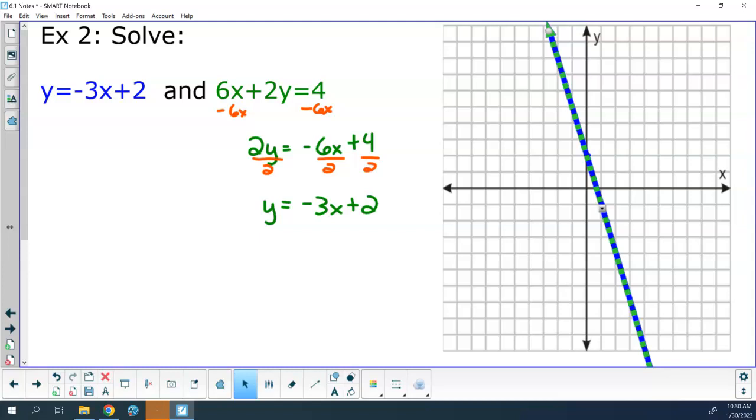They end up being the same line, which have the same y equals mx plus b equations.